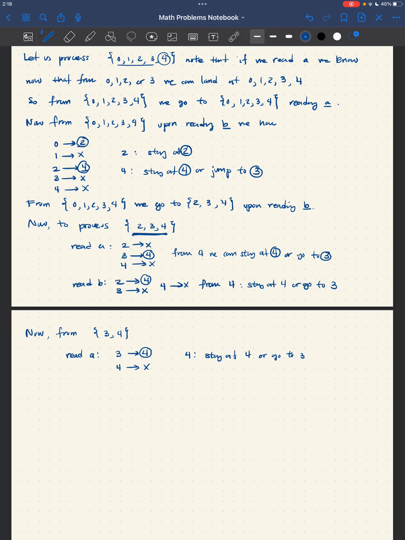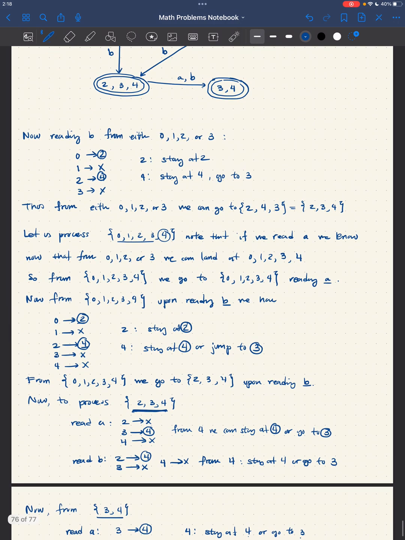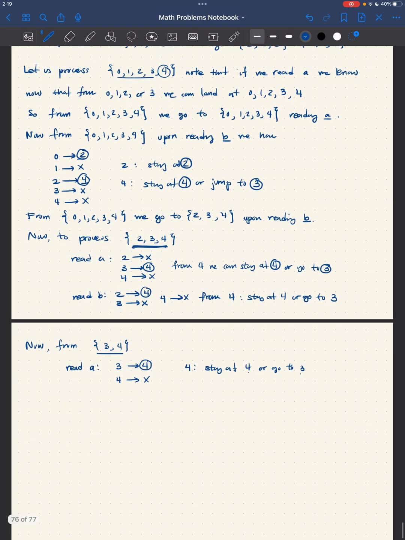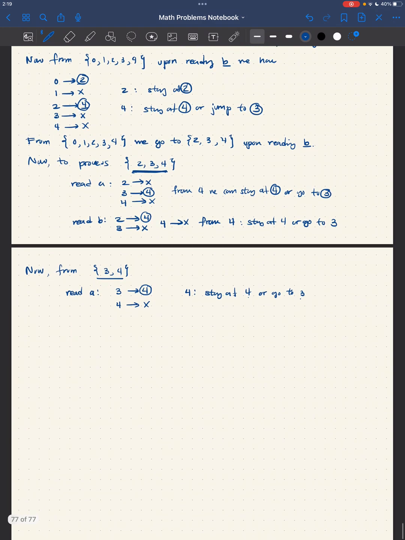Okay, so upon reading an A from any of the states that were listed here, we can either go to 4 or to 3, but that would be indicated in a loop in this diagram. There we go. Now, we're done processing what happened when we read an A from any of the states that we have here.